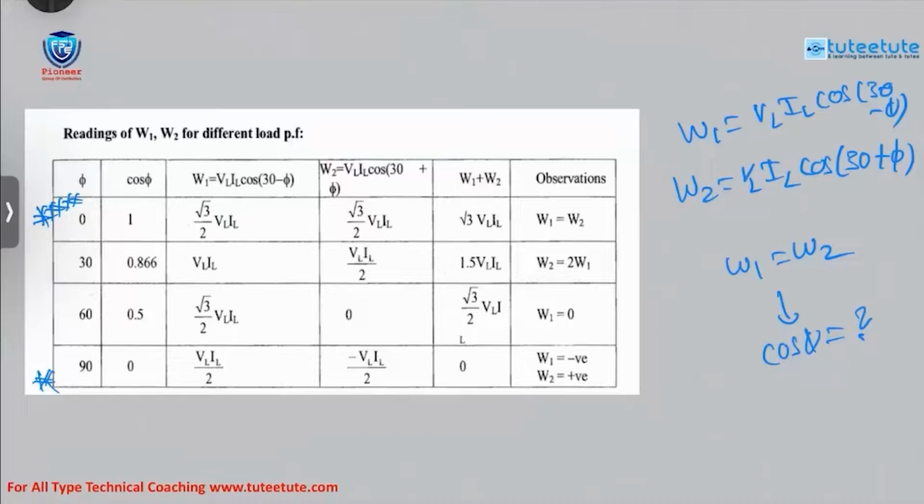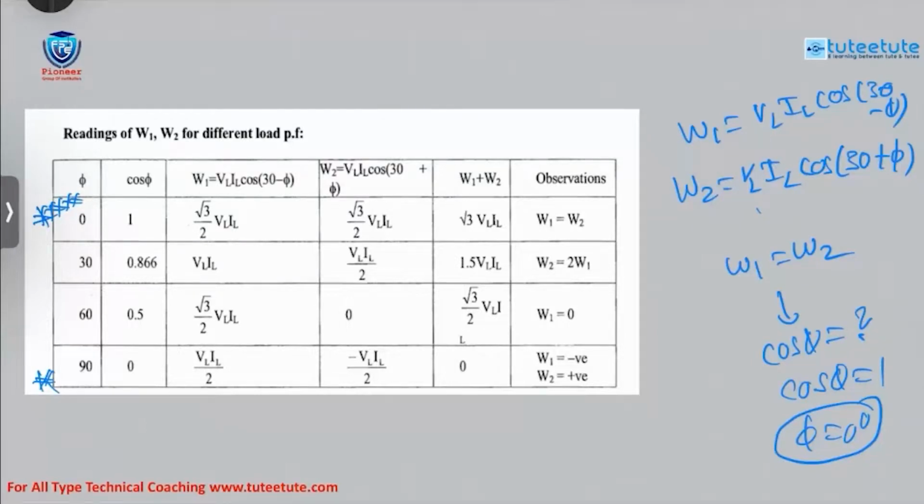Or you can substitute the angle here. Unity power factor means 1. Sorry, cos φ is 1 means what is φ? φ is equal to 0 degrees. If you substitute φ equal to 0 here, we will see whether W1 equal to W2 comes or not.